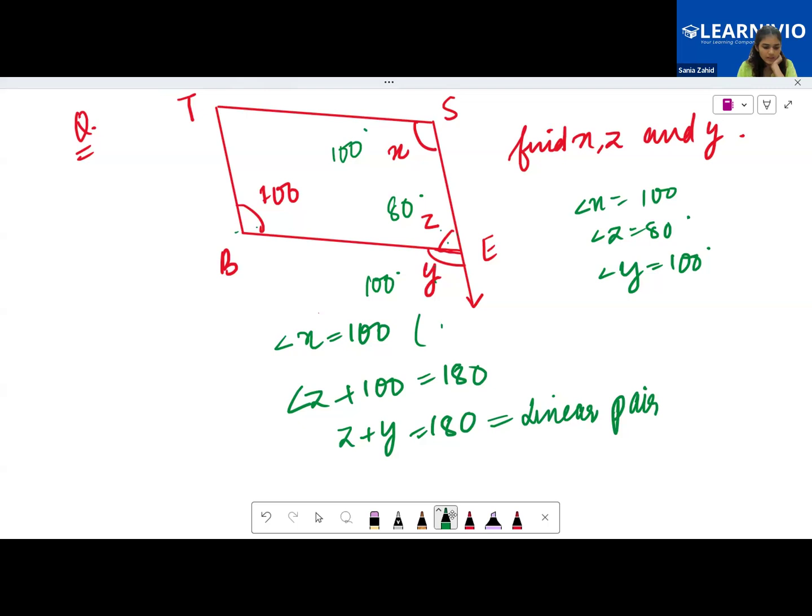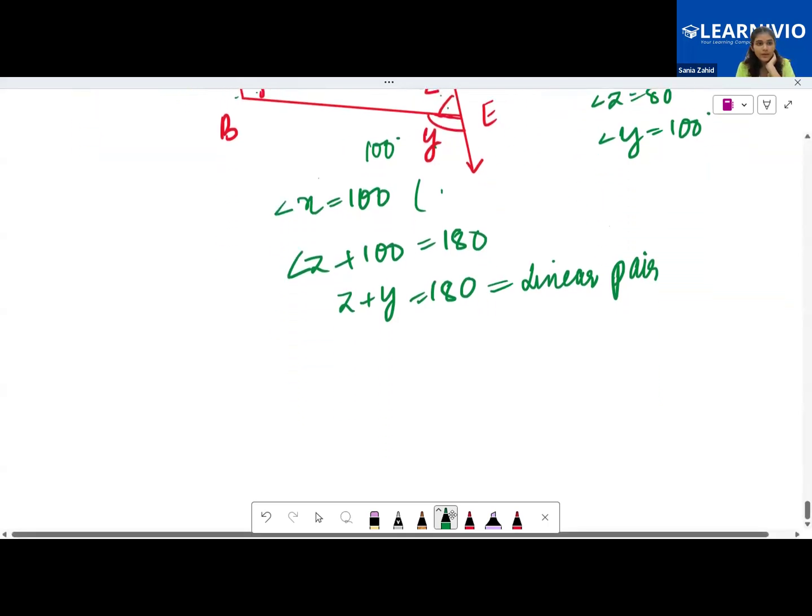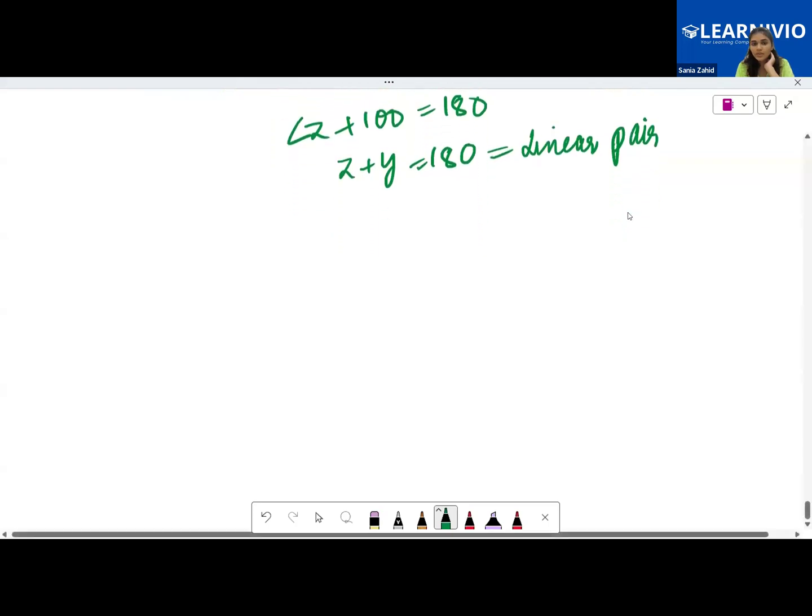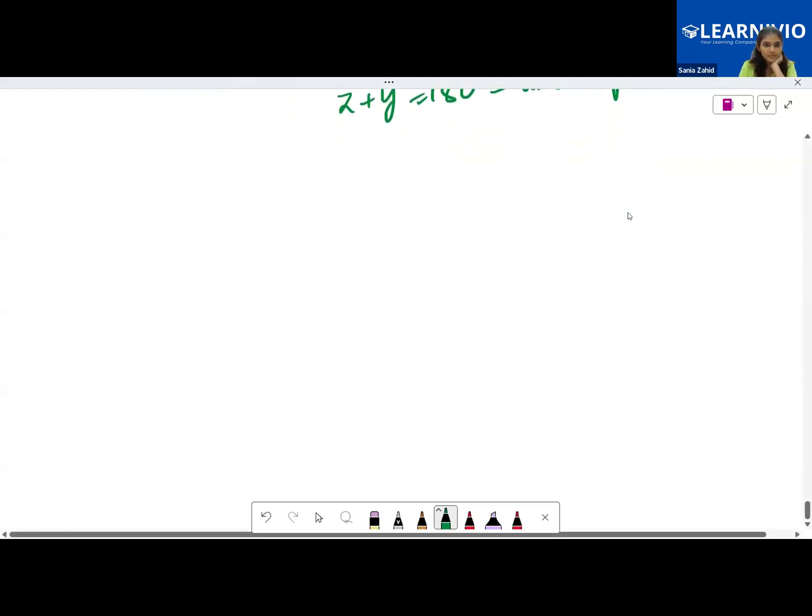Okay, now I'll give you one angle of a parallelogram, then you have to find all the other angles. Amar, can you hear me? Am I audible to you?